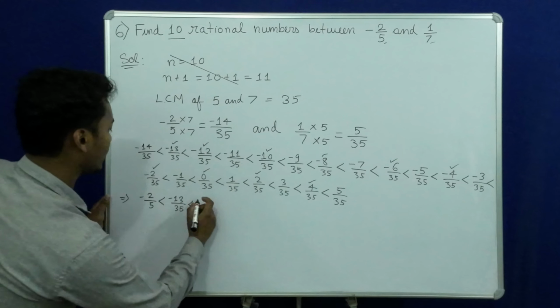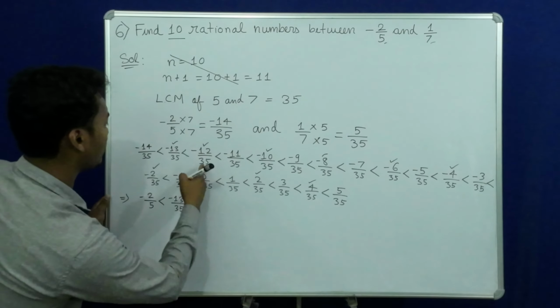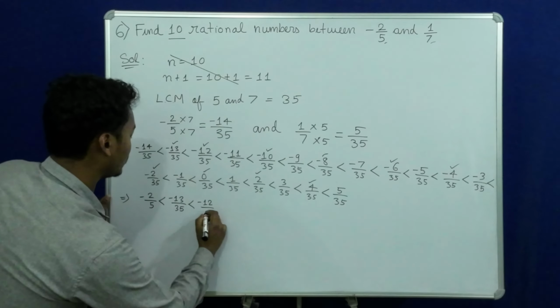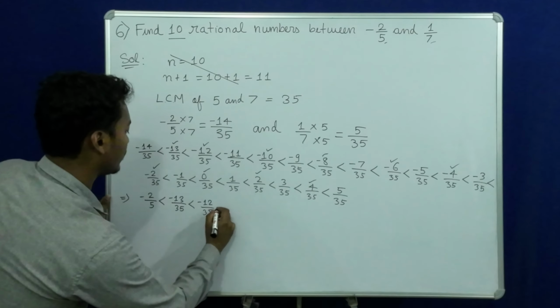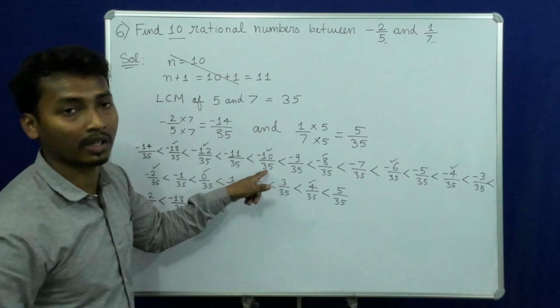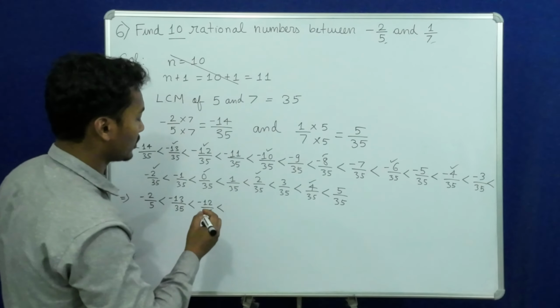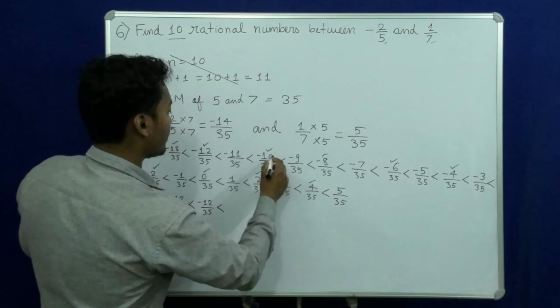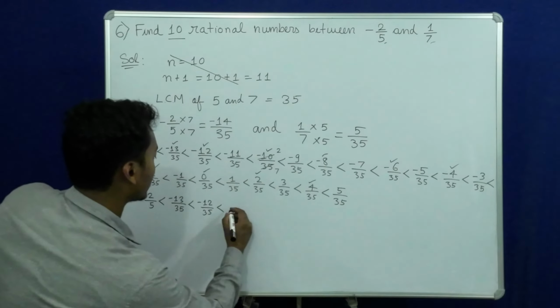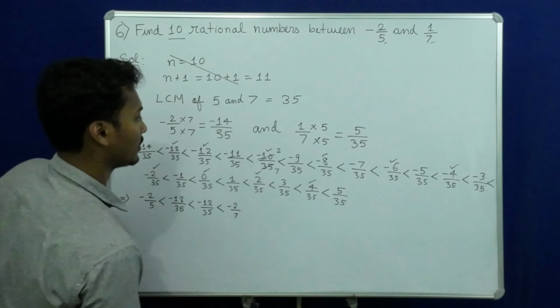Less than, we are taking negative 12 by 35. Can we simplify this further? No. So leave it like this. Negative 12 by 35 less than negative 10 by 35. Now negative 10 by 35 can be changed into what? 5 2s are 10, 5 7s are 35. So we can write it as negative 2 by 7.